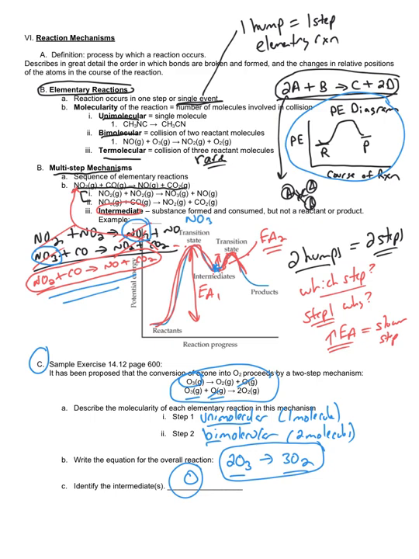The requirement of the mechanism is that the steps of the mechanism will add to the overall equation. And in between the steps, you can form something called an intermediate. An intermediate is a chemical compound that's formed and then later consumed, but is not a reactant or product in the overall equation. Okay, those are some key points and concepts.